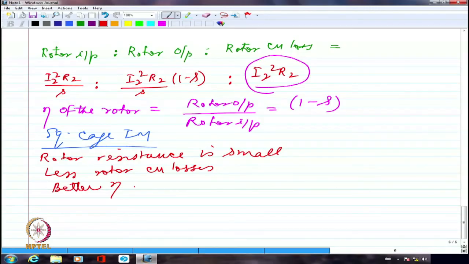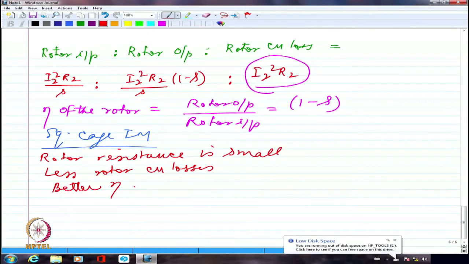That's the only reason. Absolutely. I am talking only about the efficiency of the rotor, which will have at least some amount of repercussion on the overall efficiency. So I am looking at only from the rotor side currently. We will look at the overall efficiency, of course.